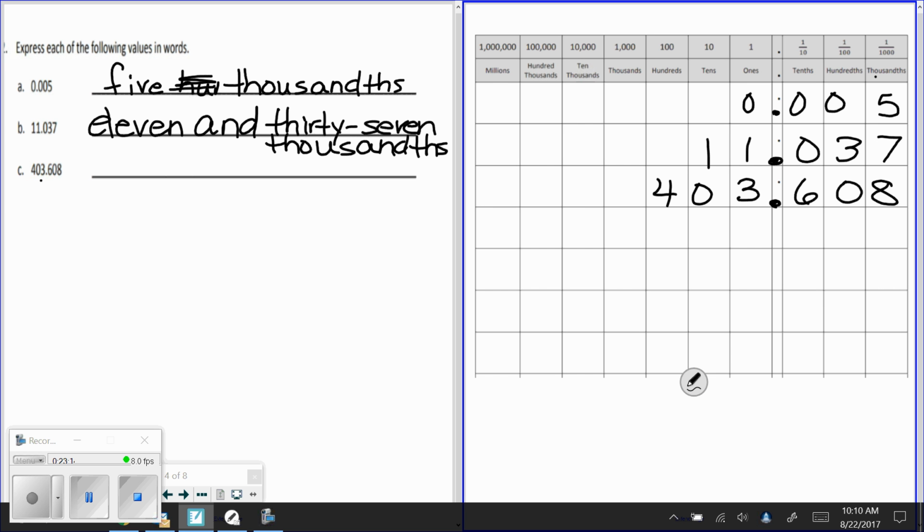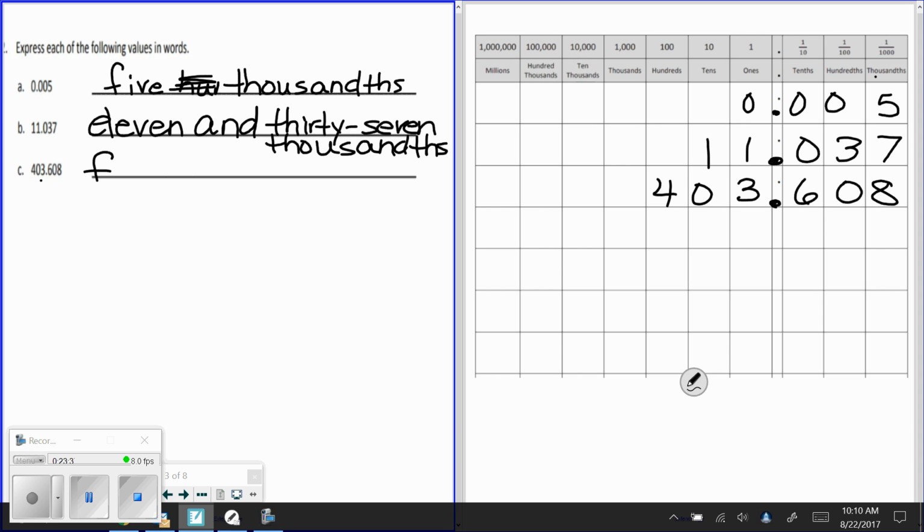Because you've got a decimal, you don't want to say 403 and 608, whatever. You only want to use and one time if there's a decimal. It's a really hard habit to break if you've been doing it since you started saying numbers. I'm not fussing, I'm just saying try to get out of that habit.